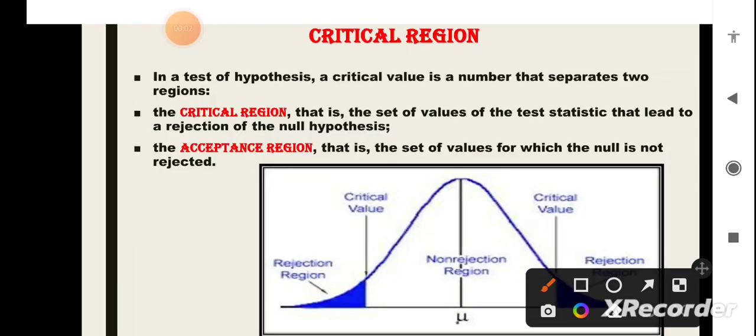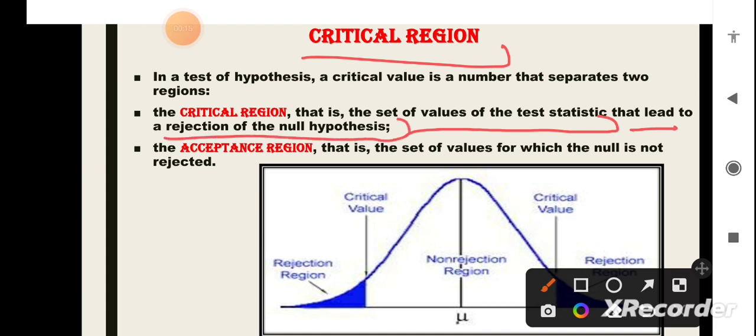Next, let's know about another important term, that is critical region. The critical region is the region with the set of values of the test statistic that leads to the rejection of the null hypothesis, whereas the acceptance region is the set of values for which the null hypothesis is not rejected but is accepted. As here you can see, this is the rejection region, that is the critical region, and this is the non-rejection region or acceptance region.